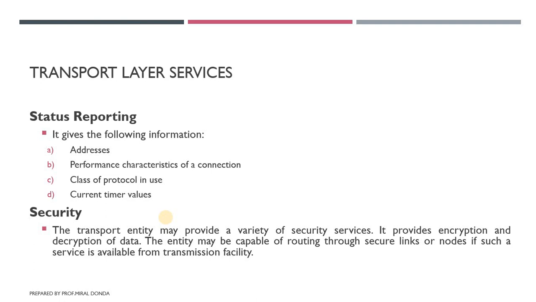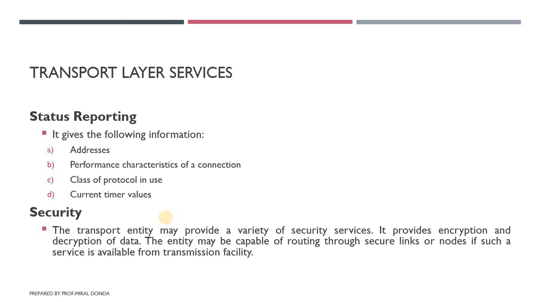It maintains which addresses are used, how the performance of that connection was, which protocol is used, and which class of protocol is used, whether it is well-known or dynamic. So that status is also maintained by the transport layer services.